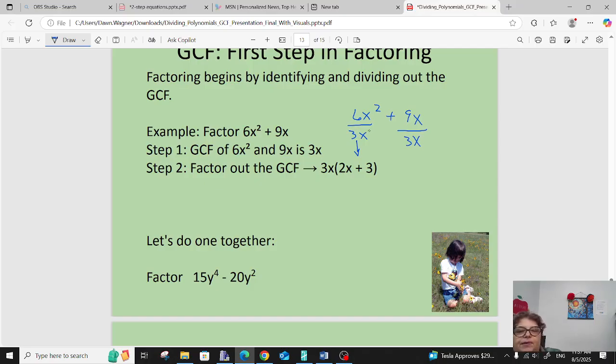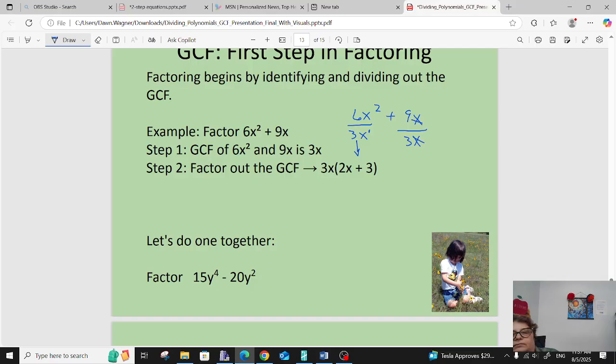X to the second power divided by x would give me x. Then for the next term, 9 divided by 3 is 3. And x divided by x is just 1. So 3 times 1. Yes.